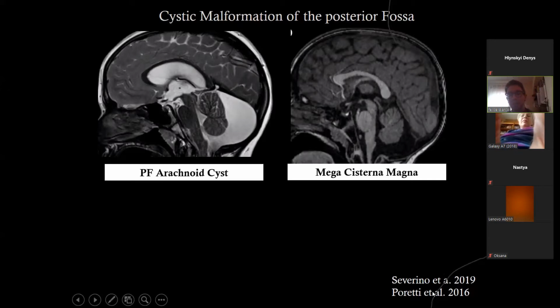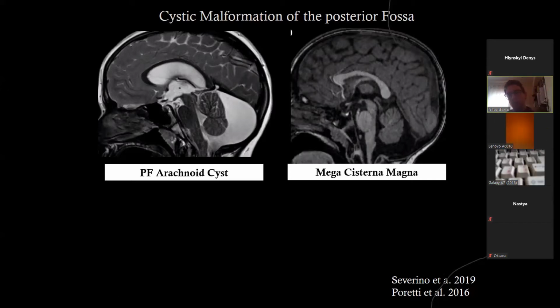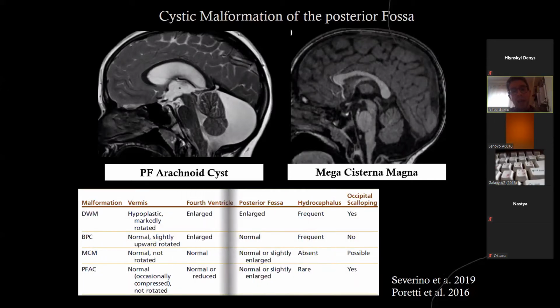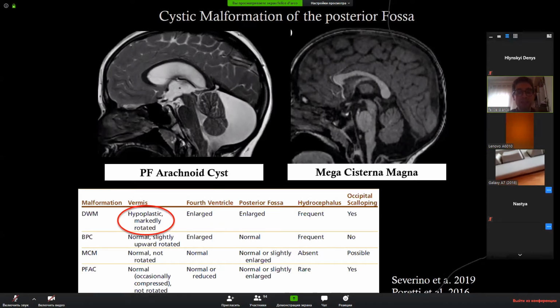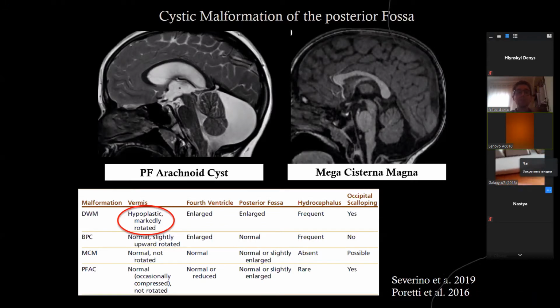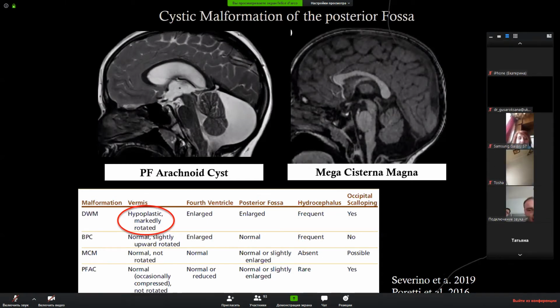Now, if you look at these two papers, both in the same journal, I think Clinical North America, you have this very good table where you can see the difference between Dandy-Walker malformation, Blake pouch cyst, megacisterna magna, and posterior fossa arachnoid cyst. The only one with a hypoplastic vermis that is also rotated with a flattened fastigium, so profoundly malformed, is the Dandy-Walker malformation.